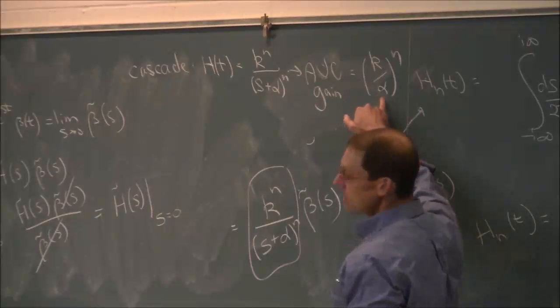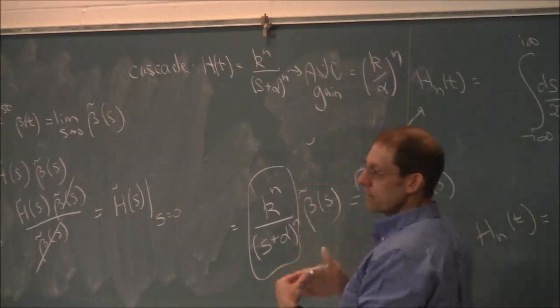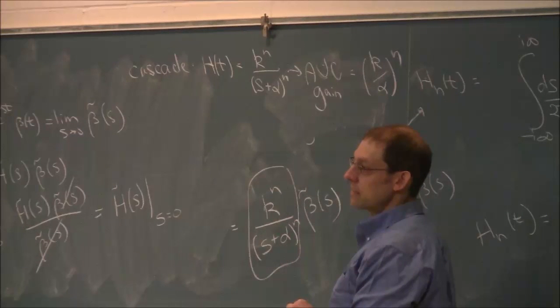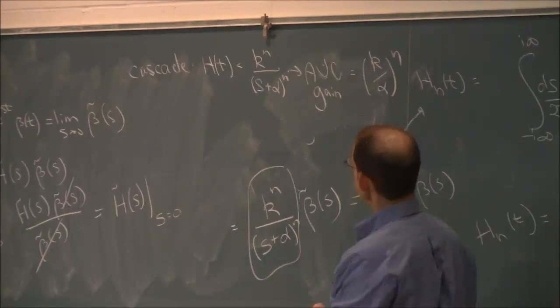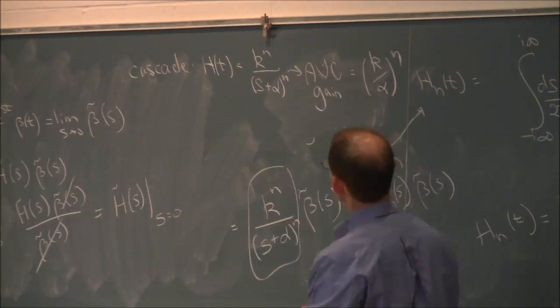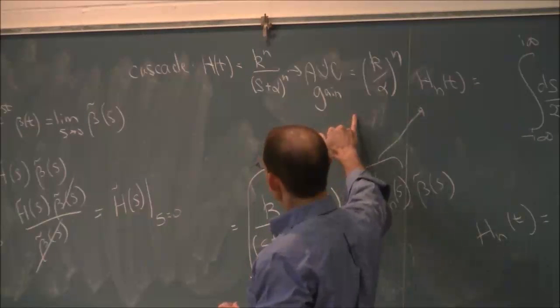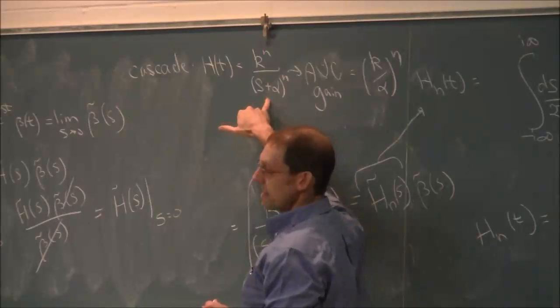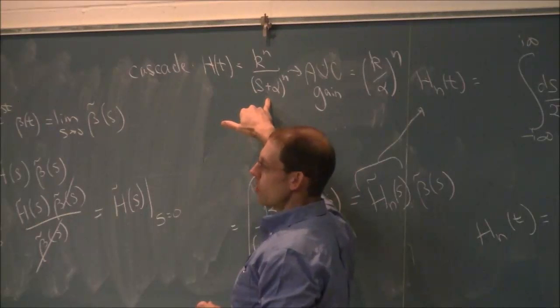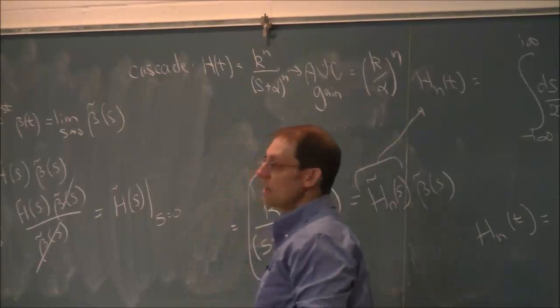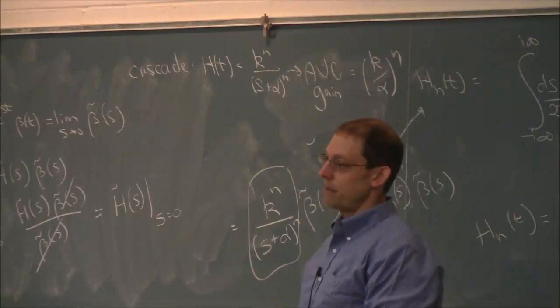So essentially, we get a gain of k over alpha for each step in the cascade, and then they multiply. And also, to do things in the time domain, in order to be able to do it on the board, we had to assume that all of the steps had the identical parameters.